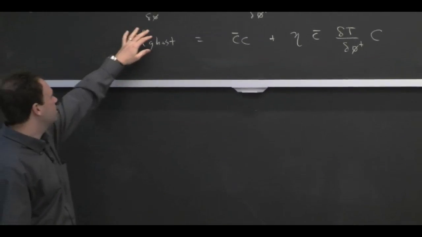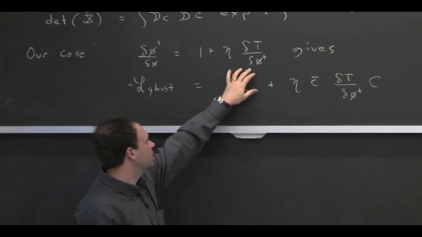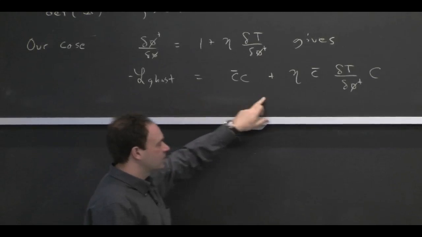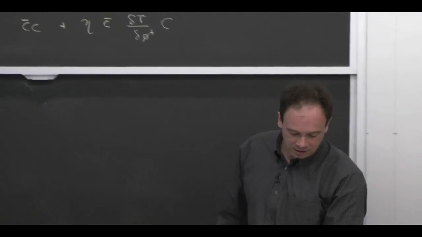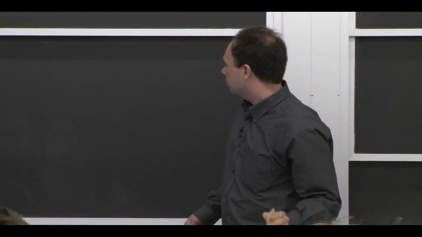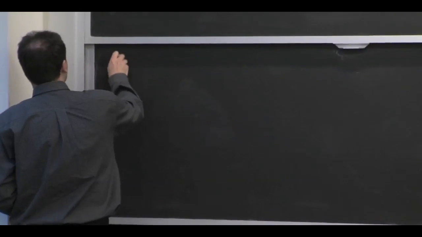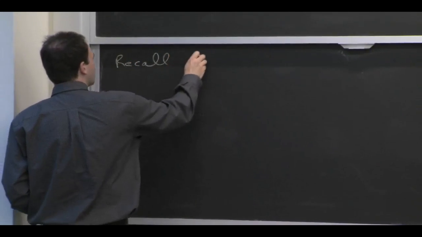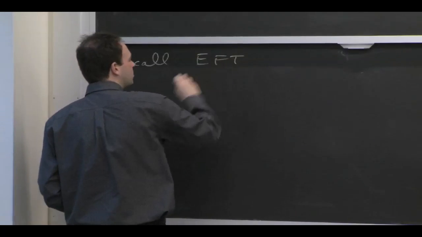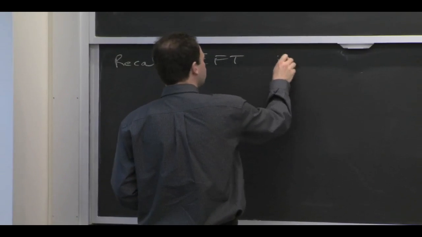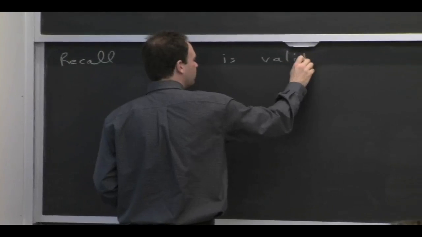So when I look at the change to the Jacobian, which is this thing, we could write that as a ghost Lagrangian. And the argument for why we don't need to worry about this is as follows. The effective field theory is going to be valid for small momentum.